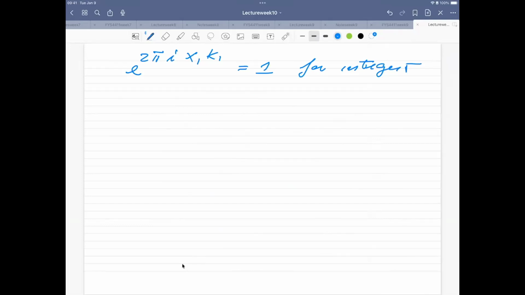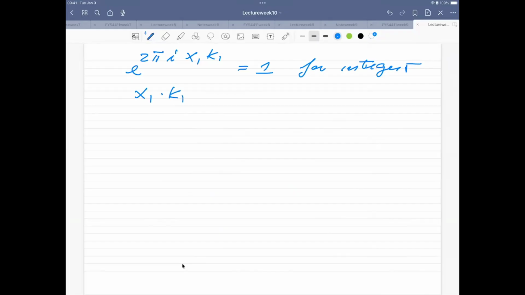So these are integers now, keep that in mind, x1 times k1. Because if k1 is 1 and x1 is 1, this is 1. If k1 or x1 are either 0, then it's 0. And then you simply have exponential 0, and that gives us 1.